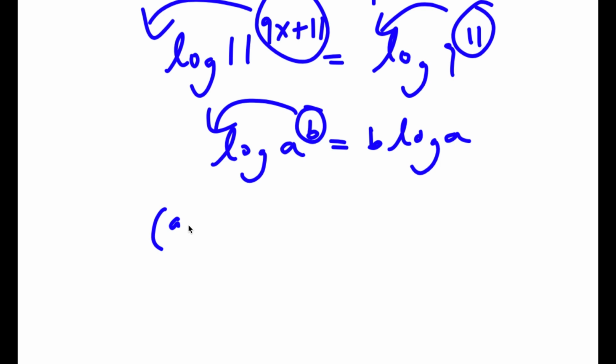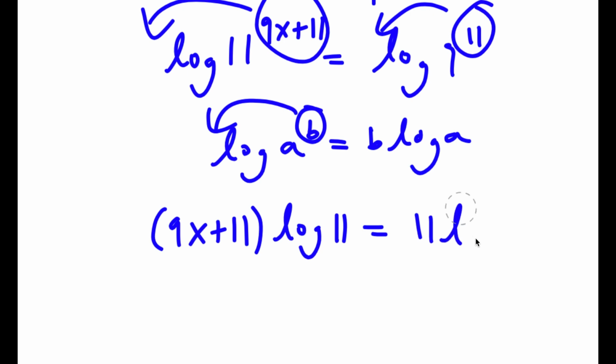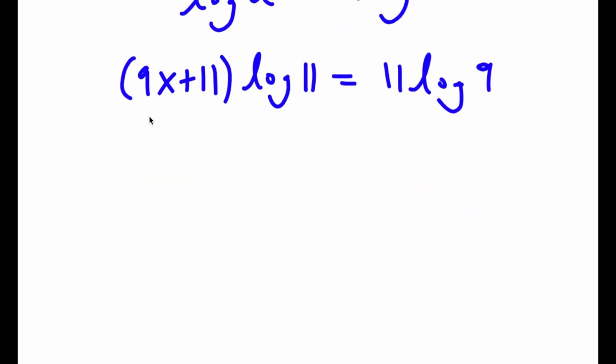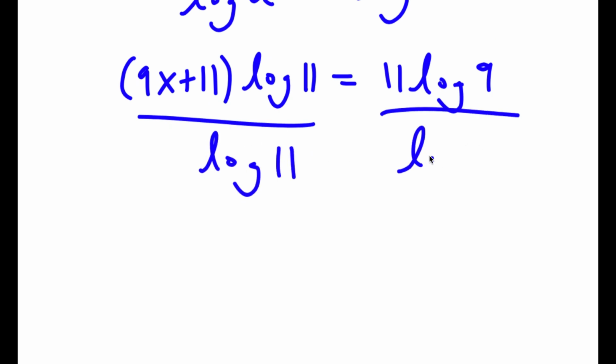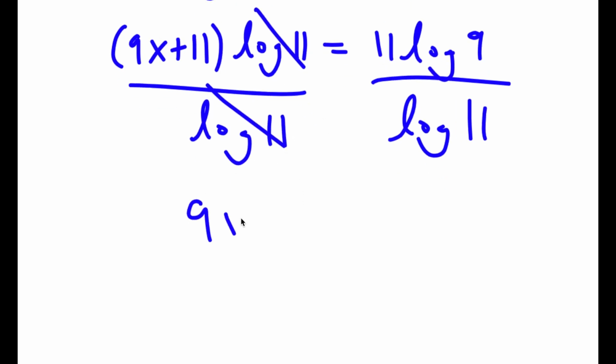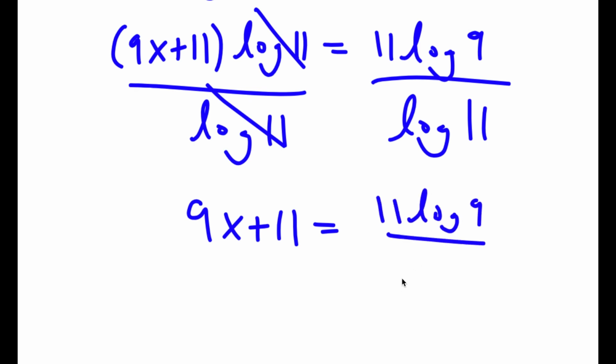So now I have (9x plus 11) times log 11 is equal to 11 times log 9. Now I'm going to divide both sides by log 11. So then these two cancel out, and now I have 9x plus 11 is equal to 11 times log 9 over log 11.